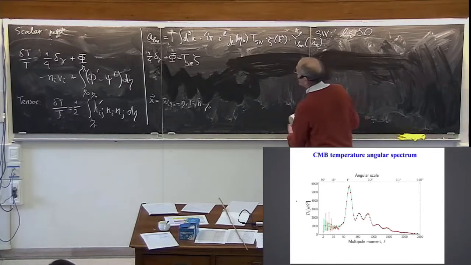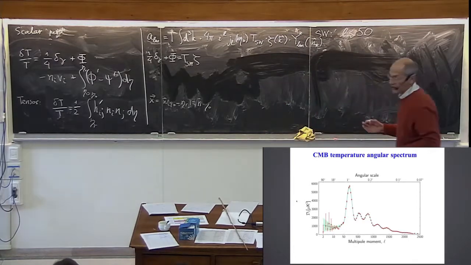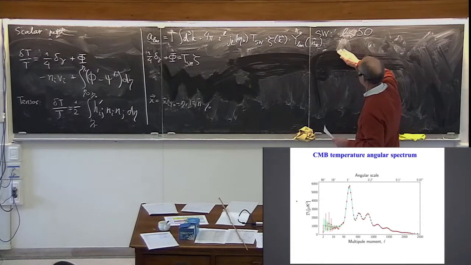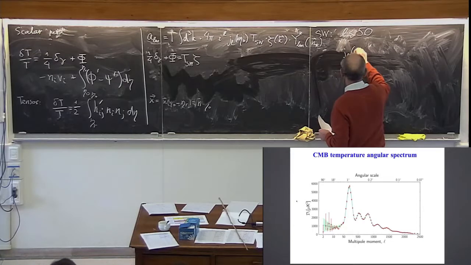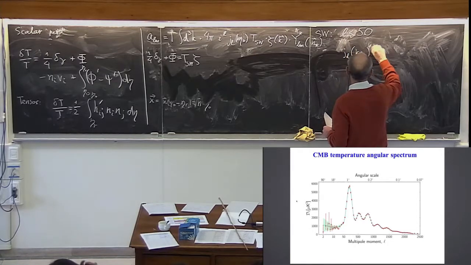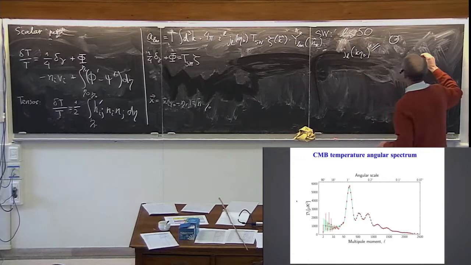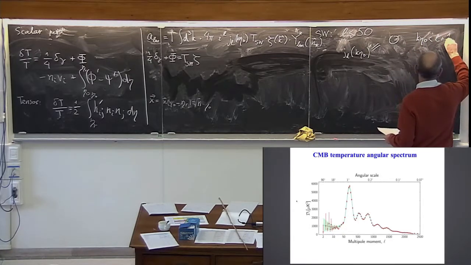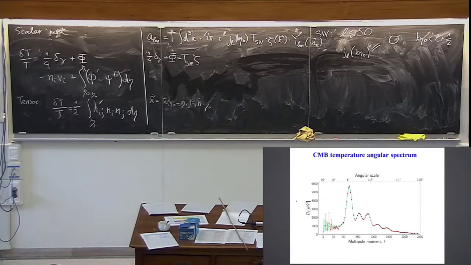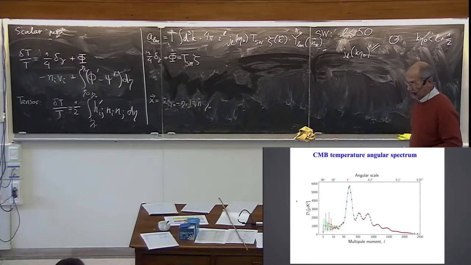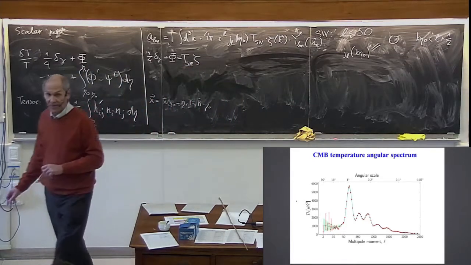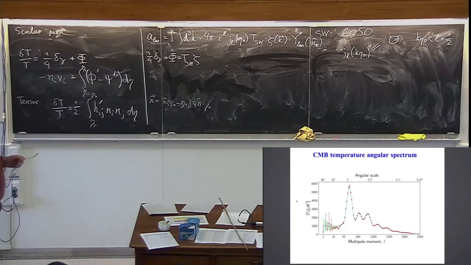For L large enough, meaning larger than 5 roughly, and even smaller, j_L of k eta naught is essentially 0 if k eta naught is less than L plus 1/2, in fact. Okay? Which tells you that long wavelengths do not contribute at all to high multipoles. Right? And you understand why.